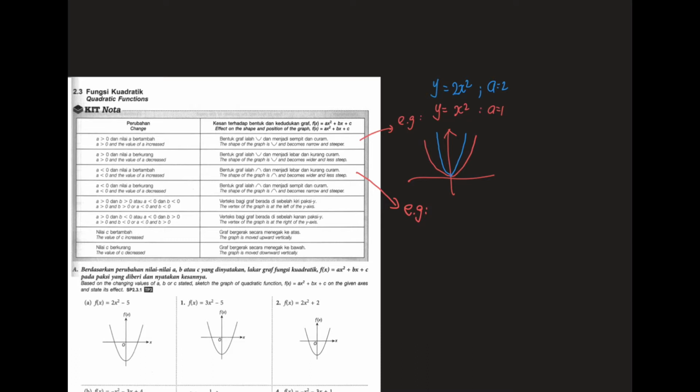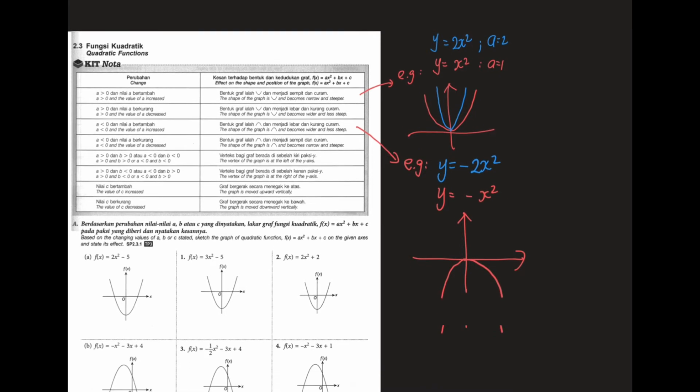So y equals negative 2x squared, and then y equals negative x squared. Now let's see the graph. For y equals negative x squared, the graph is going to be like this. And then y equals negative 2x squared, the graph is going to be like this.